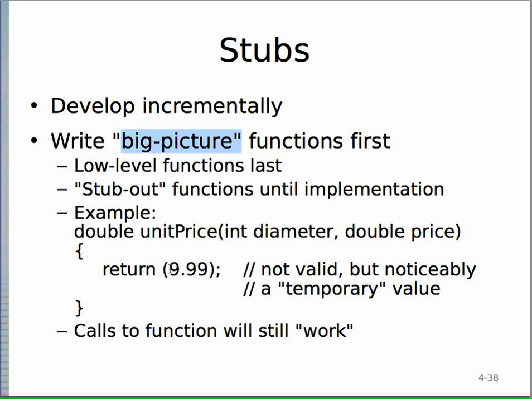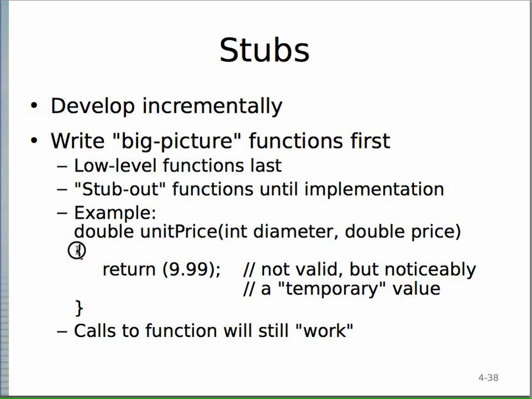Returning just any old thing like 0 probably is not good, but you could return something like 9.99, because you can recognize this is not really implementing the unit price function. All it is doing is satisfying the compiler by returning something valid. This is called a stub.